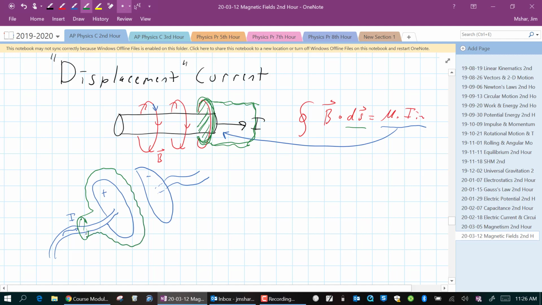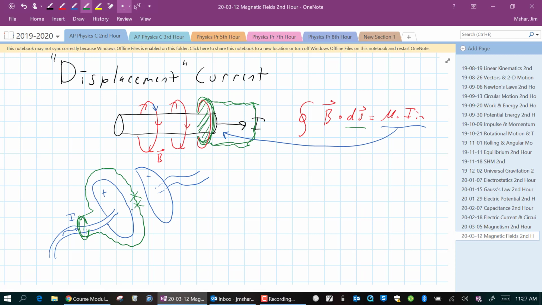If you look at that carefully, that area is still bounded by this ring. But no current passes through that area at all. There are no electrons, or if you think of it as positive charge, there are no charges passing through that area.